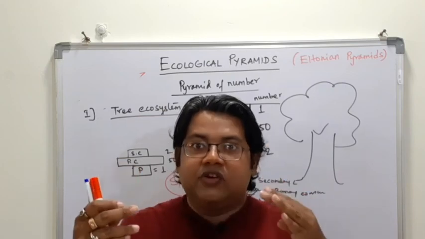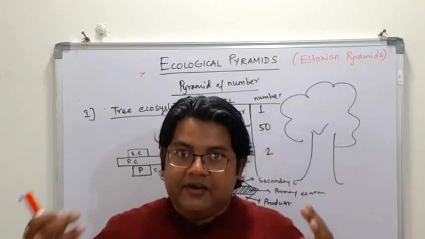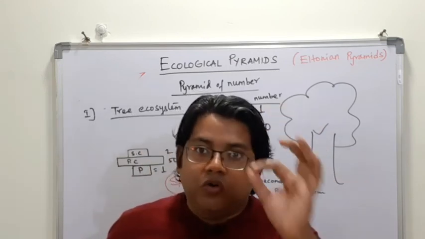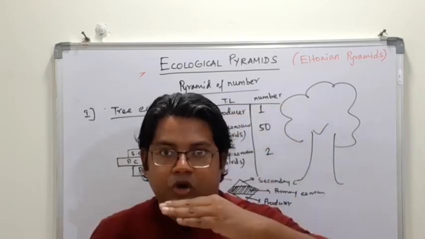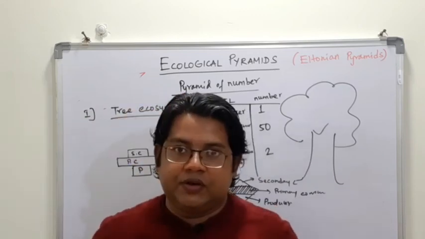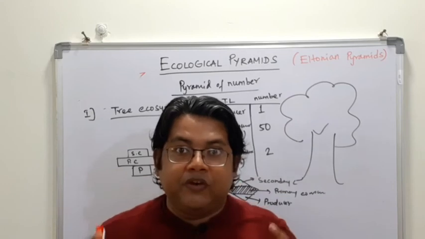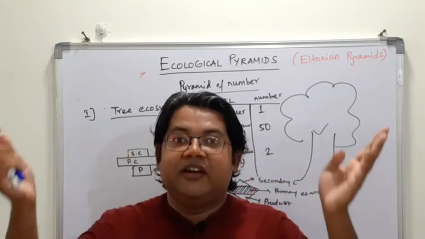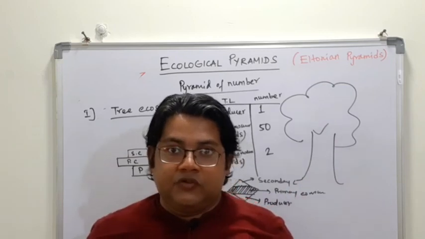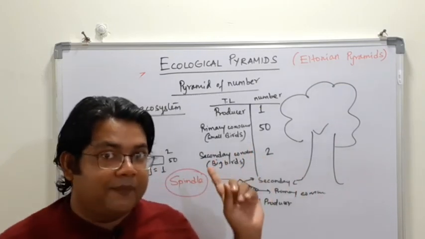And always we have to consider in the pyramids of numbers, or even for all the ecological pyramids, that the producers will be at the bottom, then the primary consumer, then the secondary consumer, then the tertiary consumer. And then you have to look at the shape, whether it is upright, inverted, or a spindle shape. So I hope you have understood this pyramid of number.